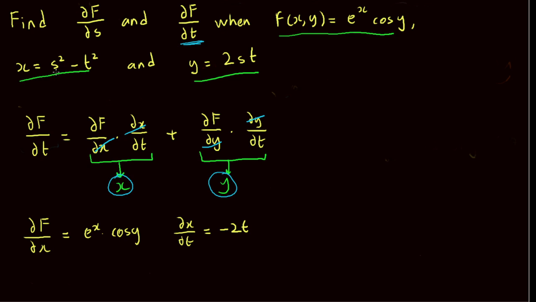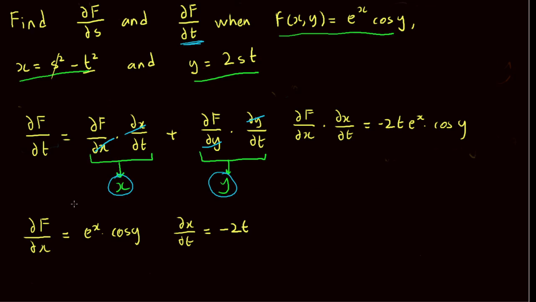Negative 2t, because s is just a constant, it just gets cancelled. So it just becomes negative 2t. So del f del x times del x del t is just negative 2t e to the power of x cos y.